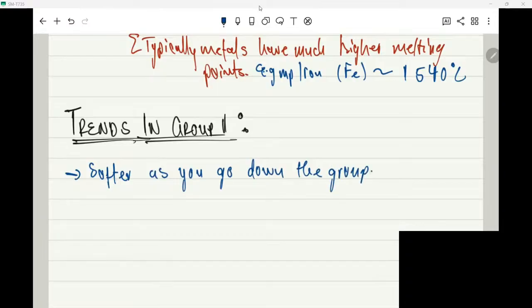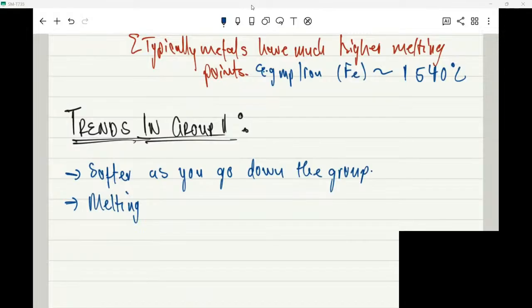Thank you so much for trend number one. Can you tell me trend number two? Melting point, which is very, very low already. We saw that the highest melting point is 180 and the lowest is 28.